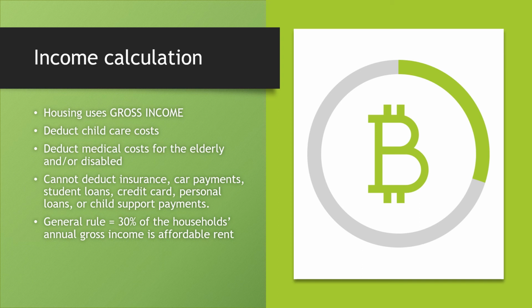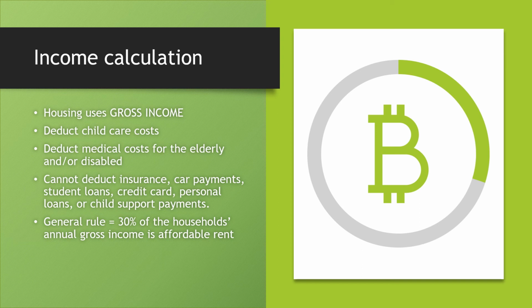Housing providers are able to deduct child care costs if the household is working or attending education. Providers can also deduct medical costs for elderly and or disabled households. But those medical costs must be ongoing, regular costs that are being paid out of pocket by the household.